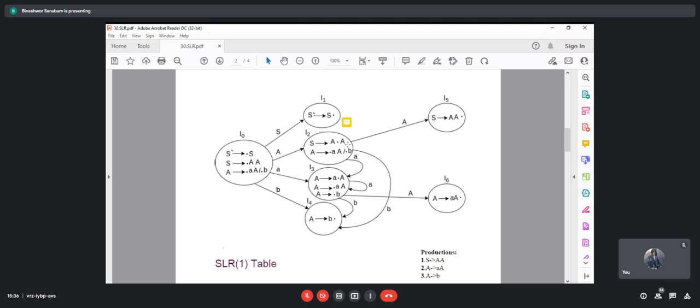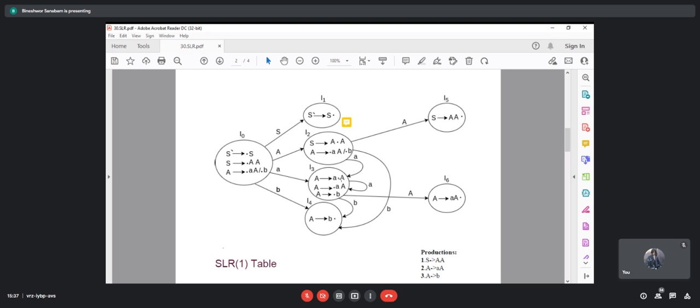So if we do go to of A, then it becomes S implies A dot, and it becomes our final item. So here if we place the dot after small letter a, then it gives the same as I3. Okay, and if we give the dot after b, then it gives this state I4. So we just point it over here. Okay, and with that it's done with I2.